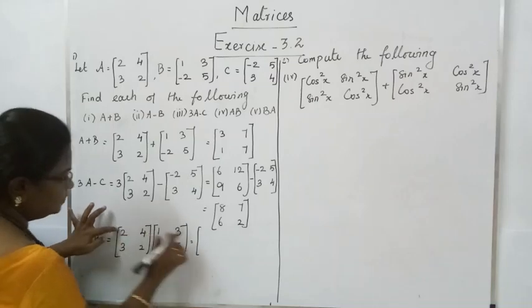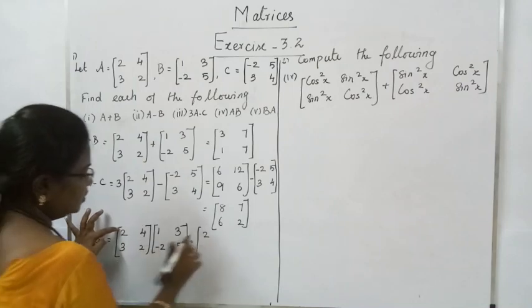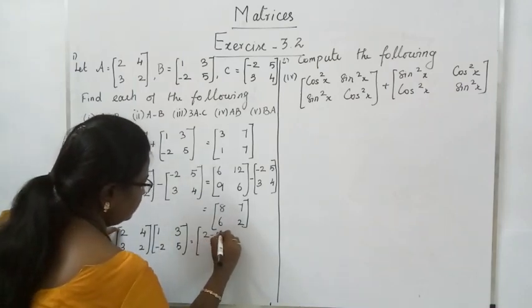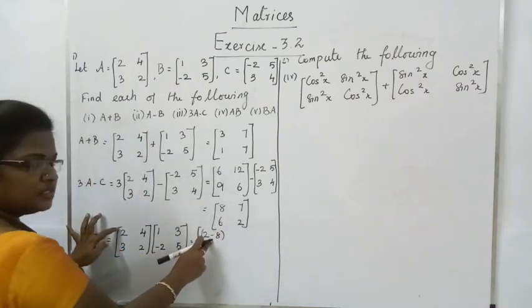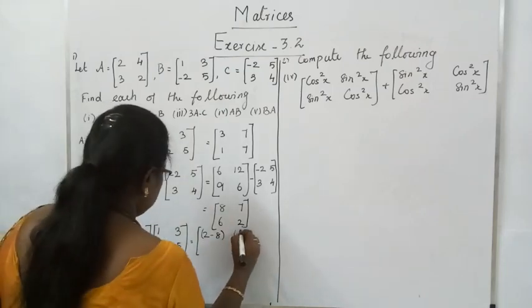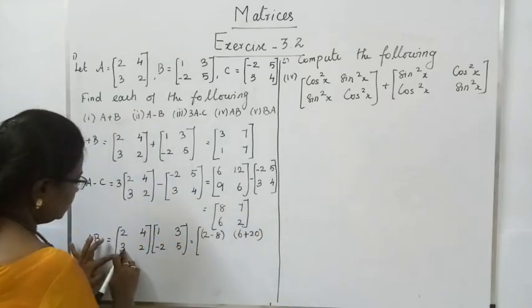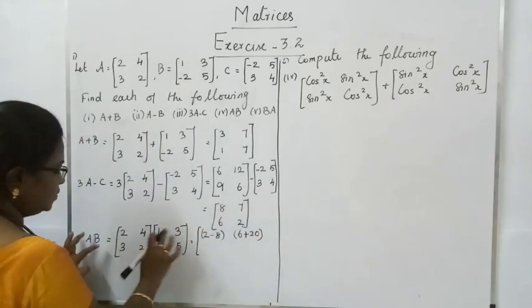2 with 1, 2 into 1, and 4 times minus 2, minus 8 here. So this has to be written up as the first element. And first row with second column: 6, 20. Now that's all, it is over for the first row.